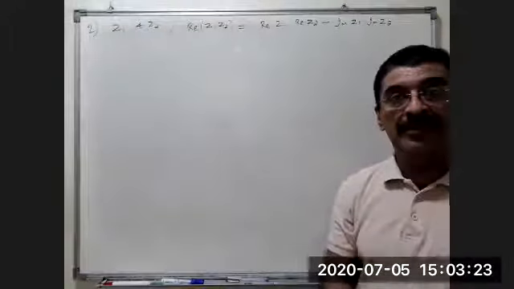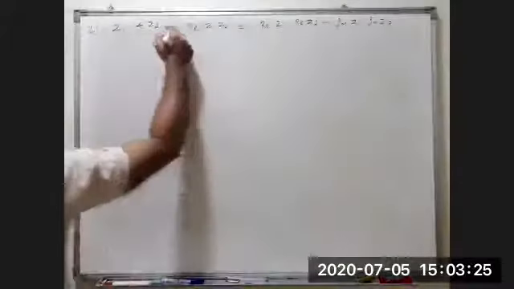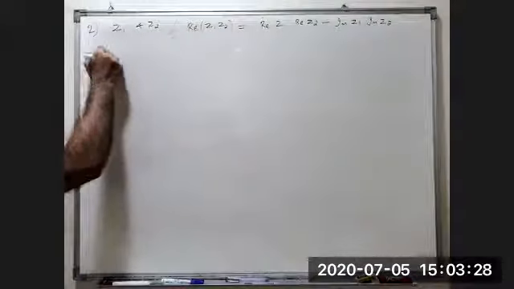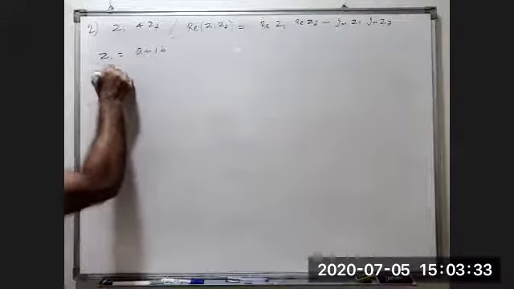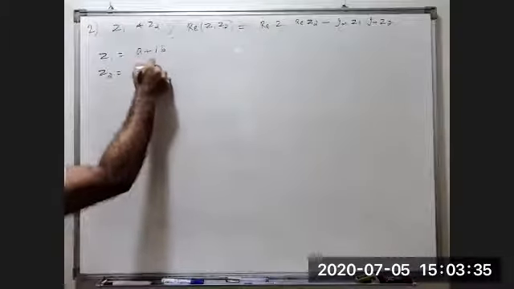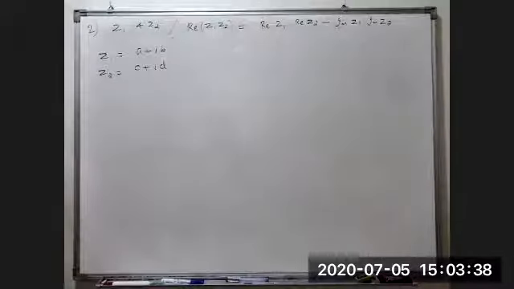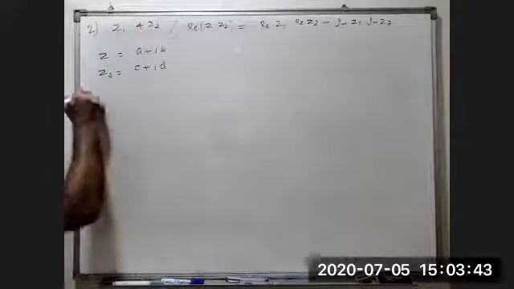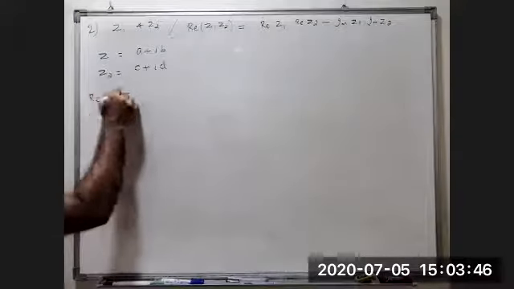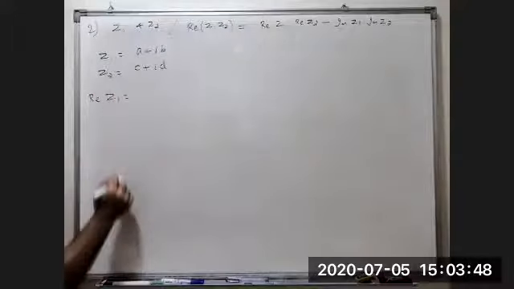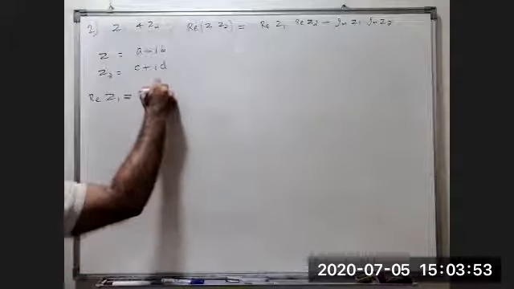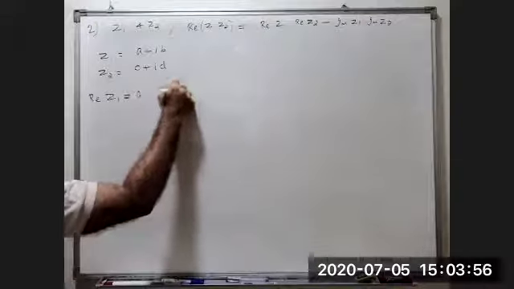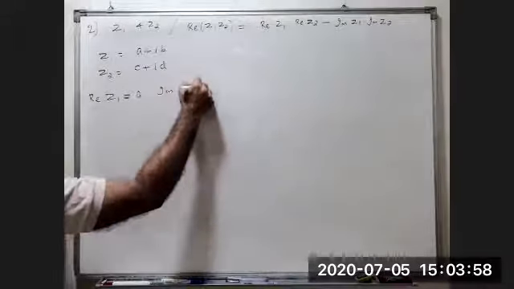The idea is the same. So here what we do is we take two complex numbers: z1 as a plus ib, and the other complex number z2 as c plus id. Now we can write the real part of z1 is a, and the imaginary part of z1 is b.